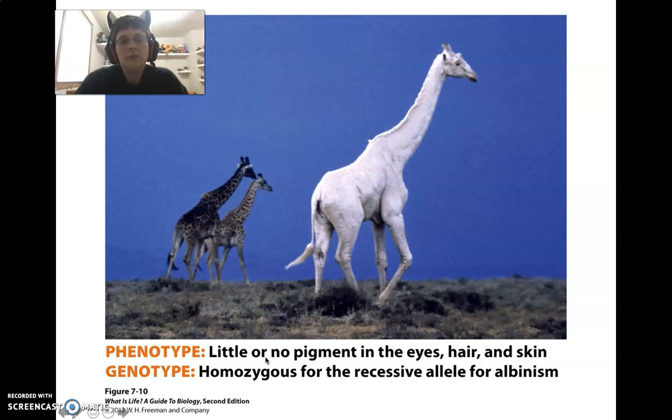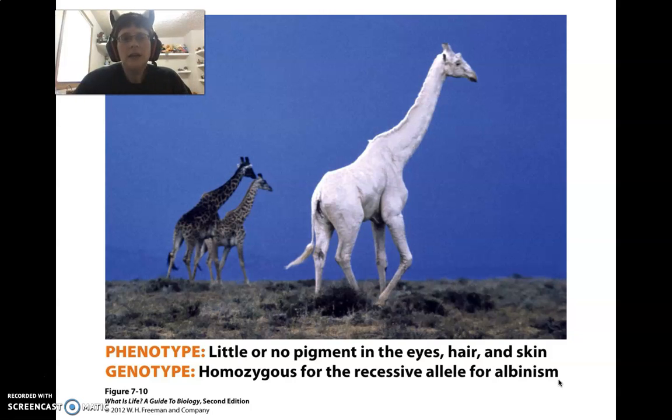The phenotype for this giraffe is that it has little or no pigment in its eyes, its hair, and its skin. The genotype is that it's homozygous for the recessive allele for albinism. So it is an albino giraffe. They are rare, like a lot of albino animals are in the wild.